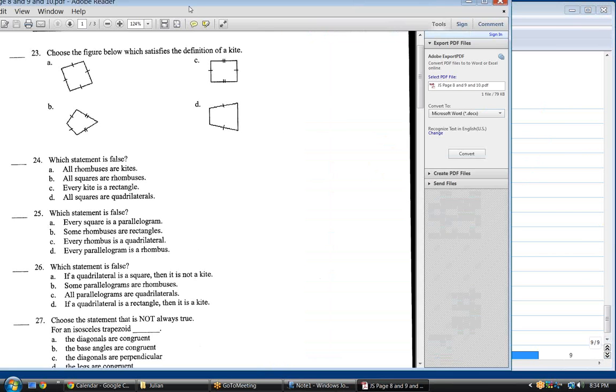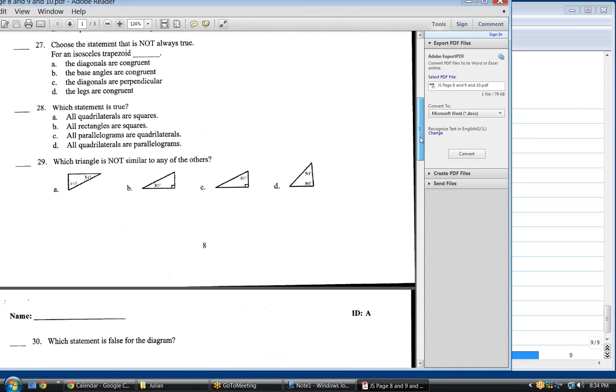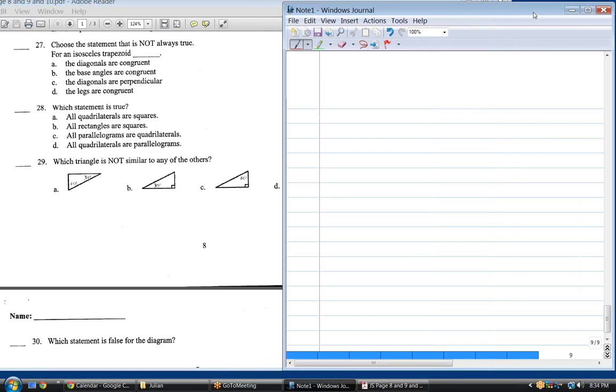And 27. Choose the statement that is not always true. For an isosceles trapezoid, the diagonals are congruent. Well, let's first of all draw an isosceles trapezoid. An isosceles trapezoid is like an isosceles triangle, only it's a trapezoid.